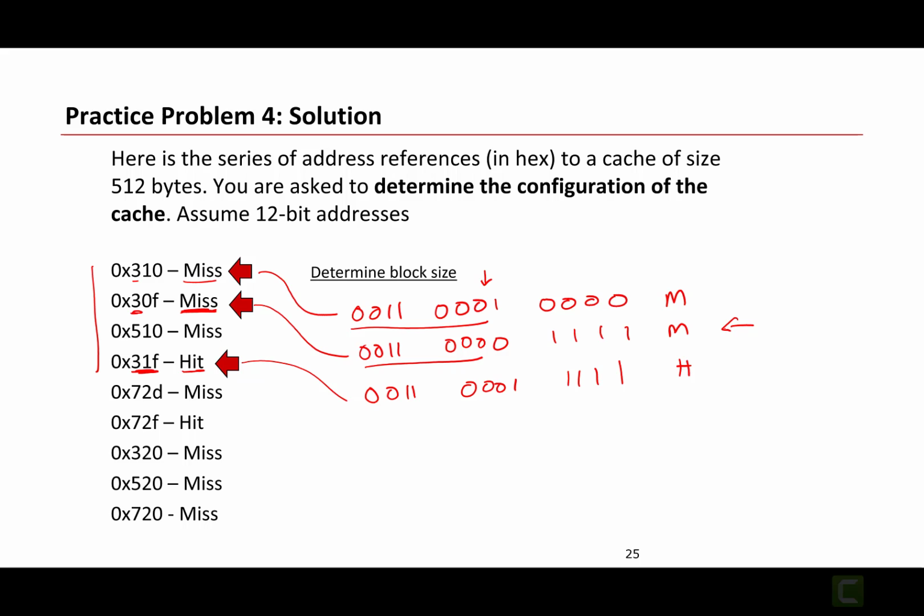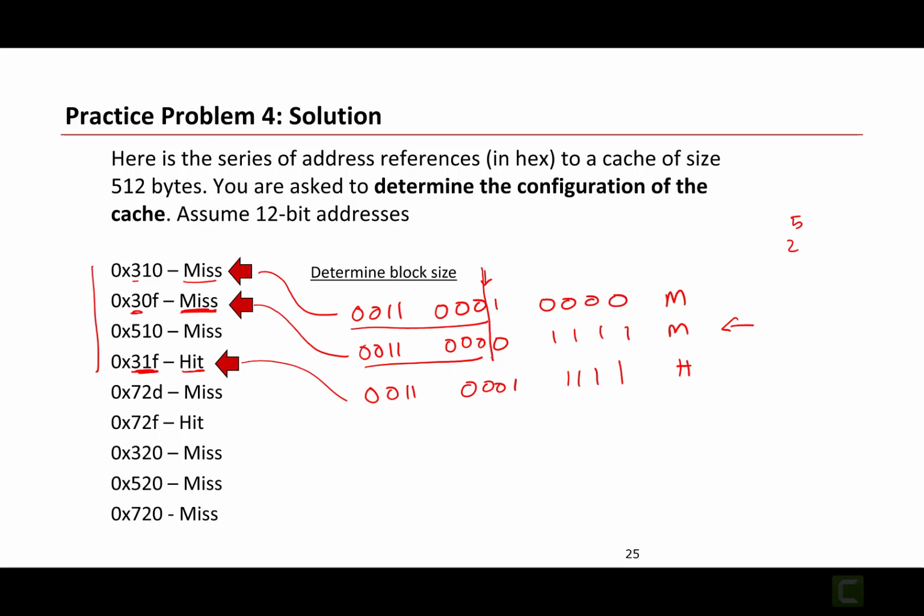Now if I had chosen, let's say, a block of size 2 to the power of 5, meaning my block offset is 5 bits, and then I would draw the partition here and say, well, my tag is going to be whatever it is to the left, and you will notice that the tag is exactly the same. So if the tags are the same, then I would have observed a cache hit because they are next to each other.